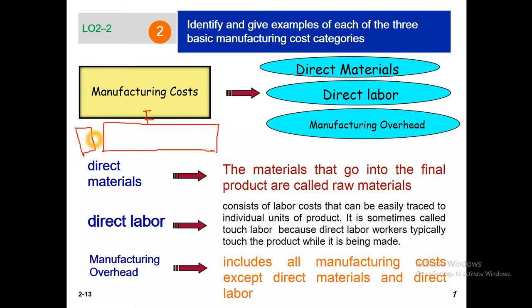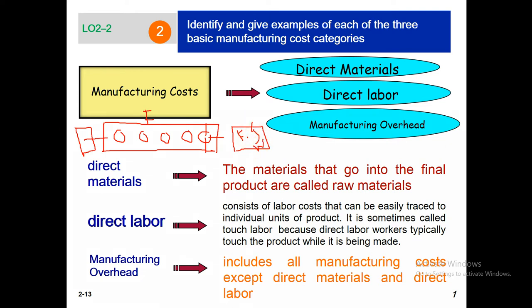In the raw materials warehouse, we are sending our raw materials to the factory. In the factory we have a lot of machines, and by using these machines we are getting the final product, and we are keeping the final product here. This is what we call the finished goods warehouse.